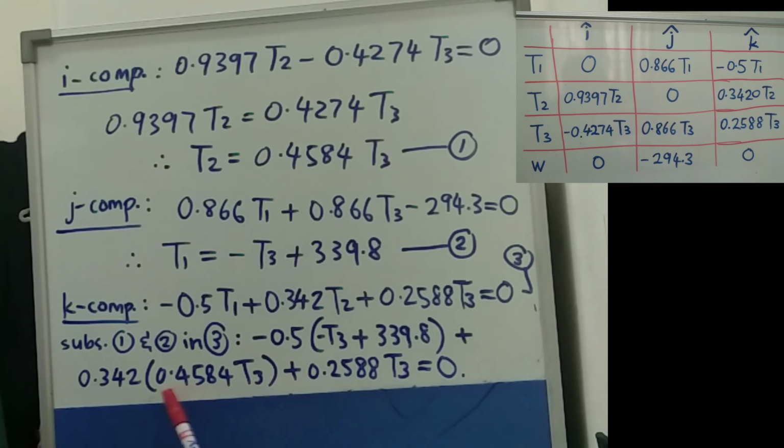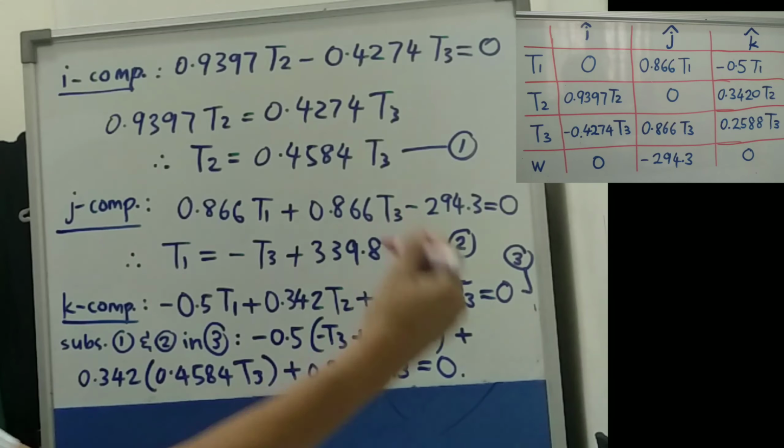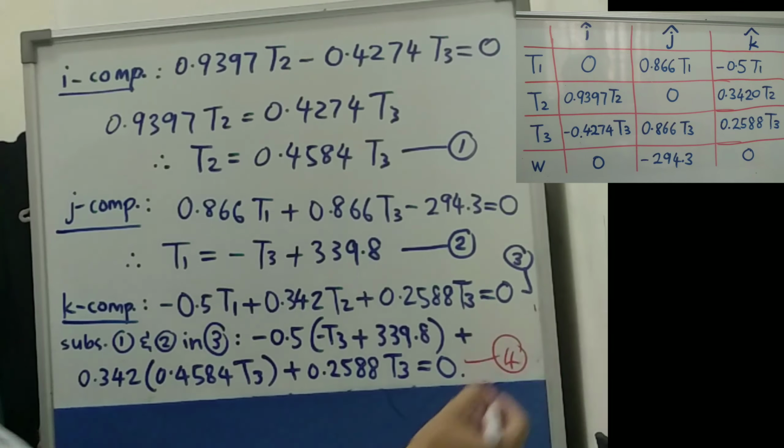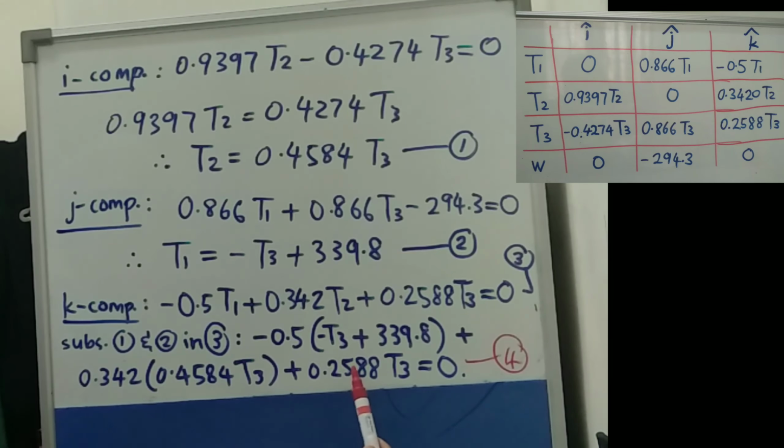So we have the equation in terms of T3, which we call equation 4. With equation 4, we should be able to solve for T3.